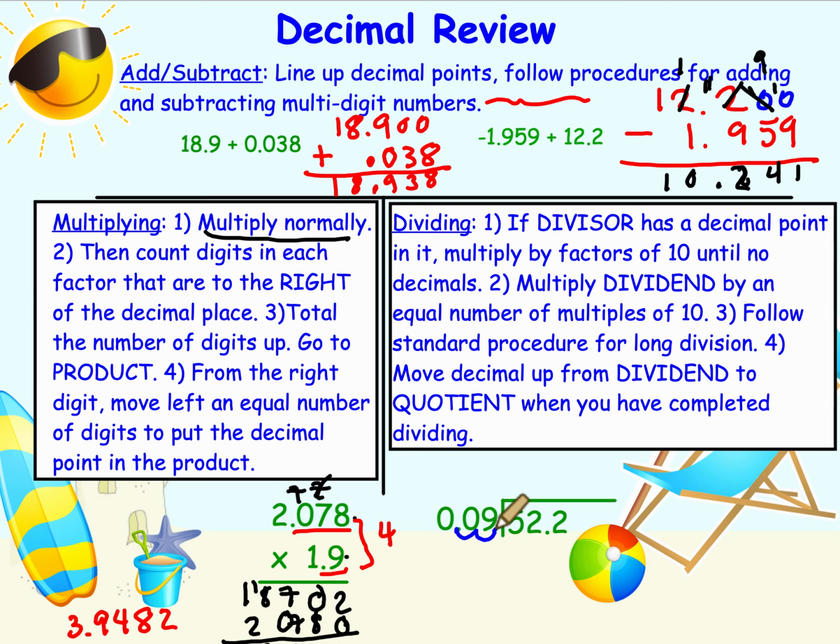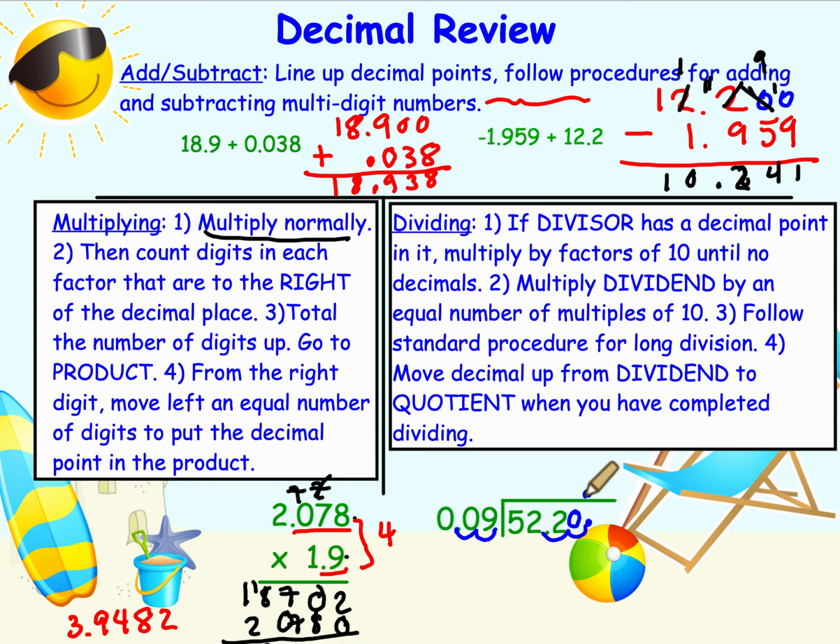Then if I multiplied by 100 to make the divisor into a whole number, I have to multiply the dividend by 100 also. So 52 and 2/10 times 100 makes 5,220, and gives me my decimal point right here. I'm going to raise it into my quotient.